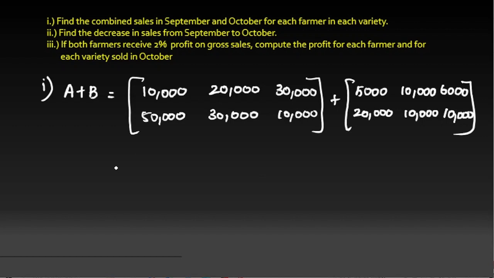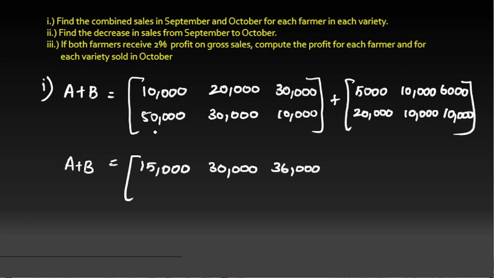Now A plus B, just add and tell me the values. A plus B, easy, right? So 10,000 plus 5,000 is 15,000. Then 20,000 plus 10,000 is 30,000. 30,000 plus 6,000 is 36,000. Now 50,000 plus 20,000 is 70,000.